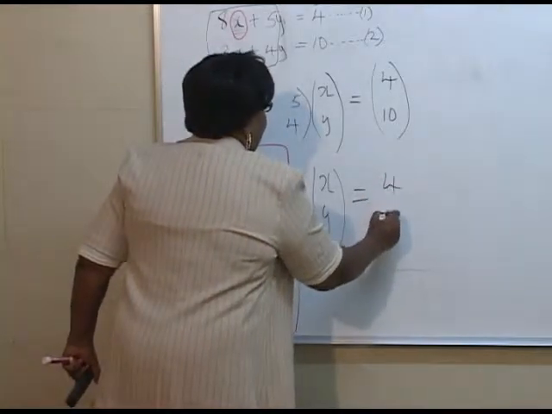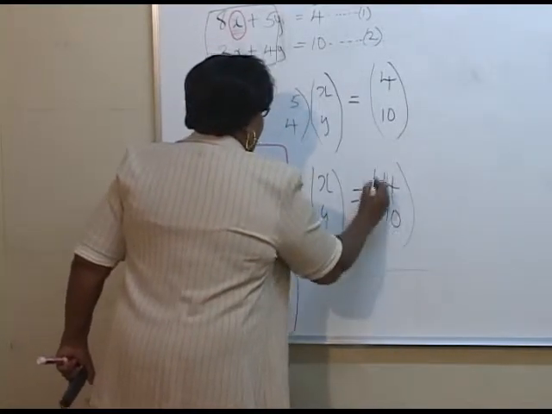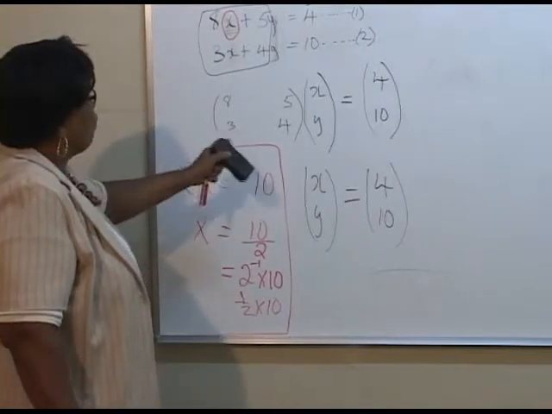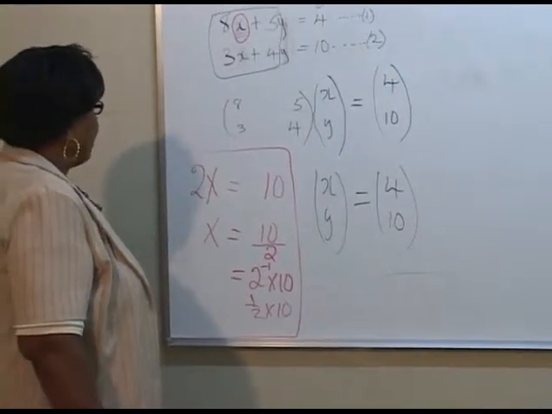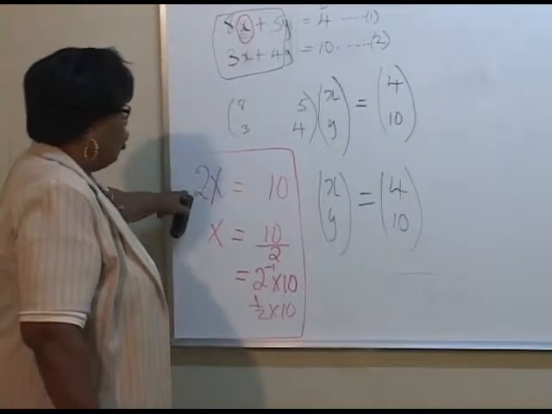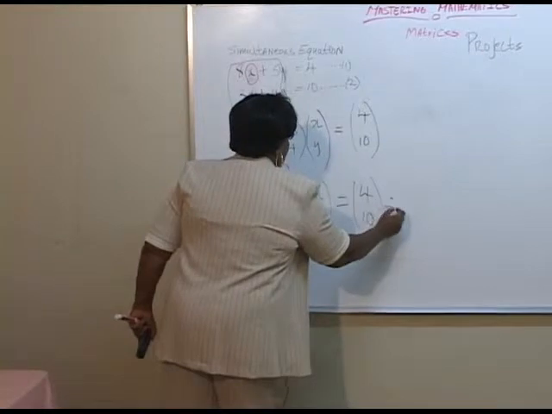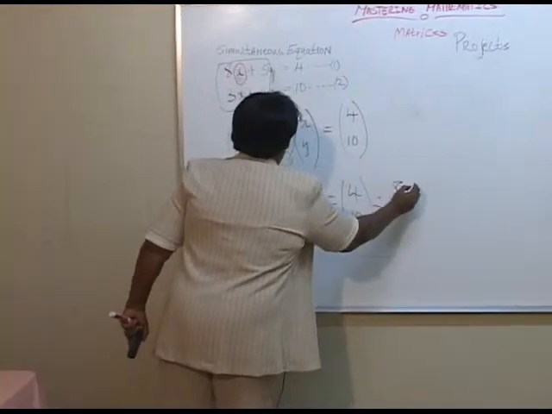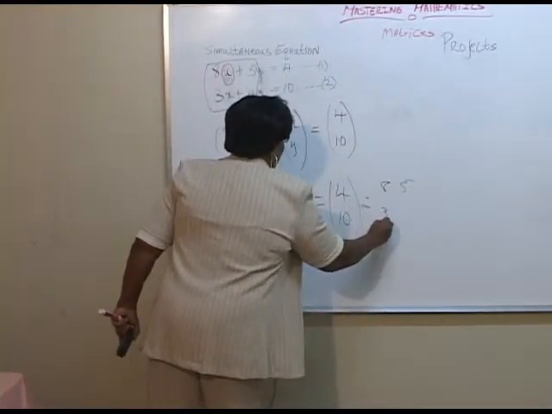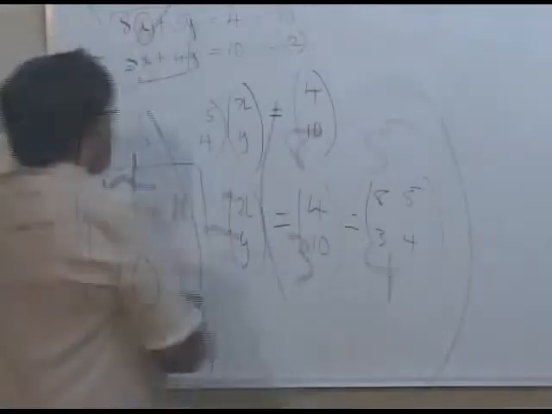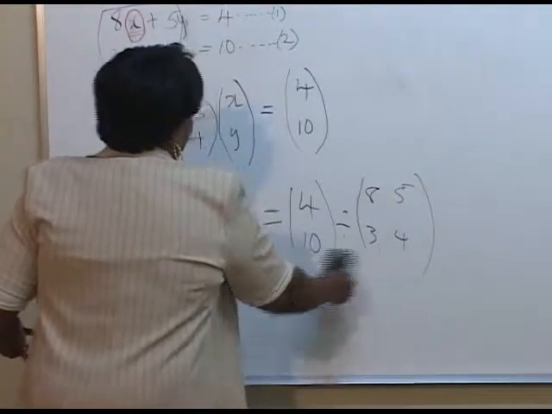It would have been 4, 10, and based on what we have seen here, the 8, 5, 3, 4 would be acting as the coefficient 2, so it would have been this, and it is divided by the 8, 5, 3 with your 4. But in terms of our mathematical procedure, this does not figure as any mathematical form.